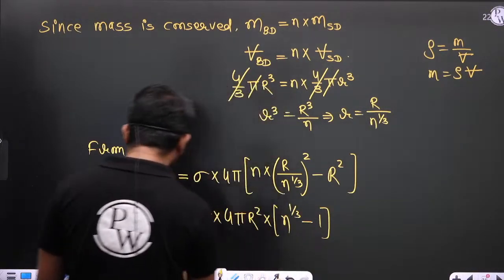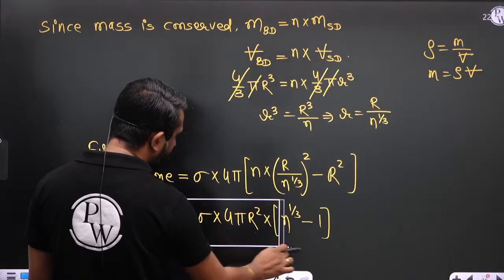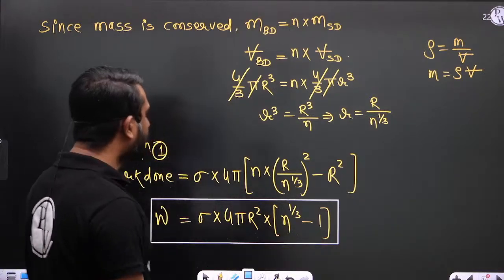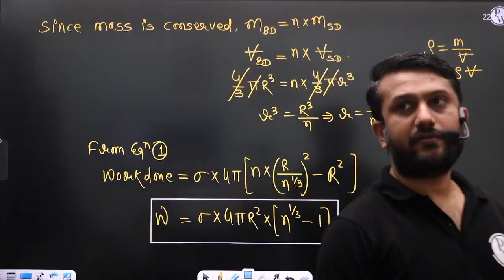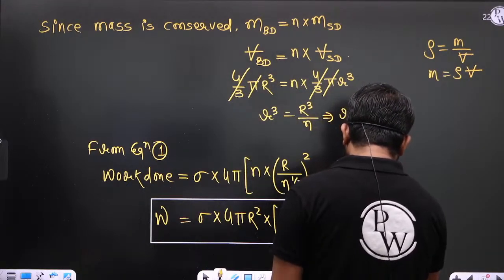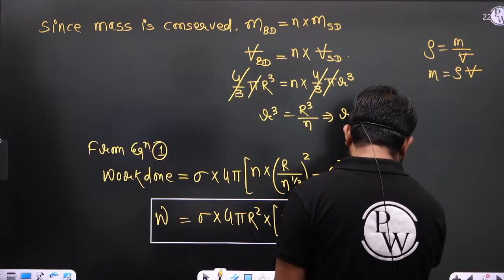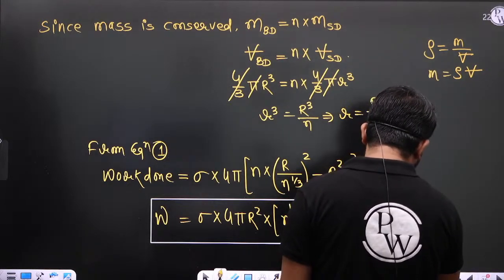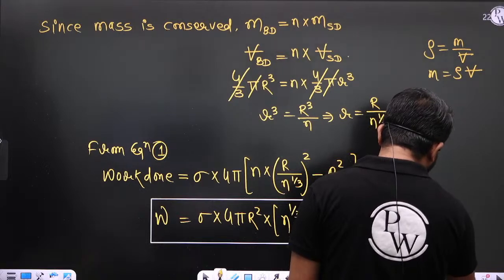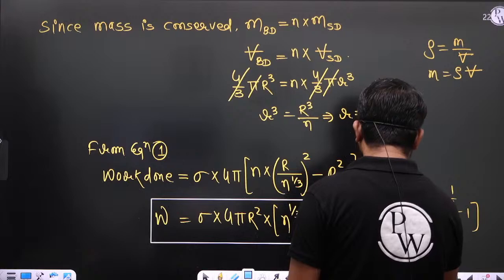This is the work done which is required in this atomization process: sigma into 4 pi R square into (n to the power 1 by 3 minus 1). Or you can write W equals sigma multiplied by the surface area of the bigger droplet, into (n to the power 1 by 3 minus 1). This is the work done.